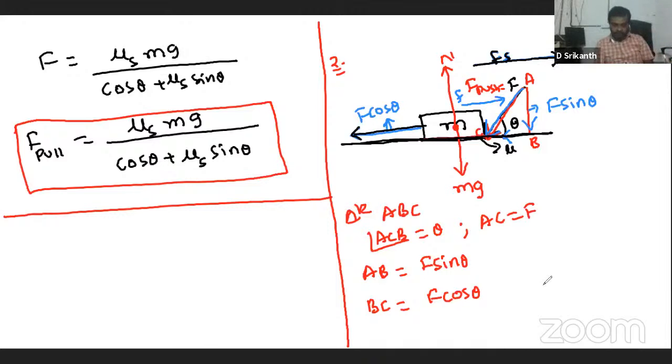Draw the diagram and write down the equation.